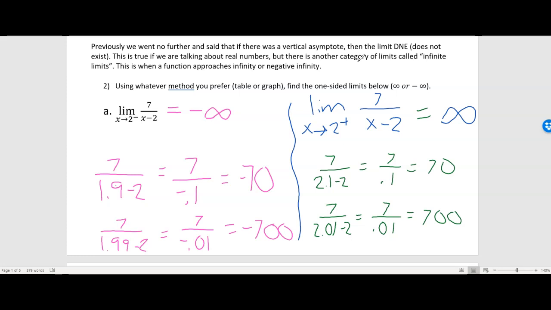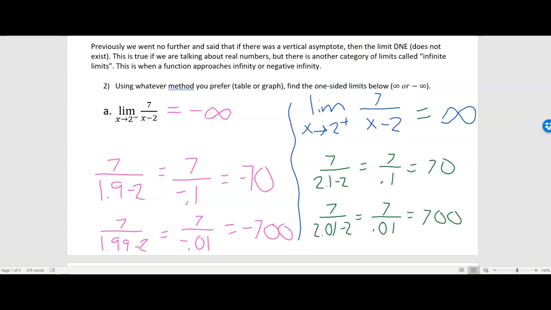And if one's negative, one's positive, well, it's going to be approaching negative infinity. If they're both positive or both negative, then that one-sided limit's going to be approaching positive infinity, right? I think I said negative infinity if one was negative, one was positive. At least I should have.